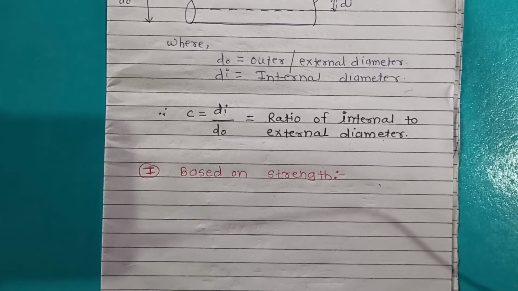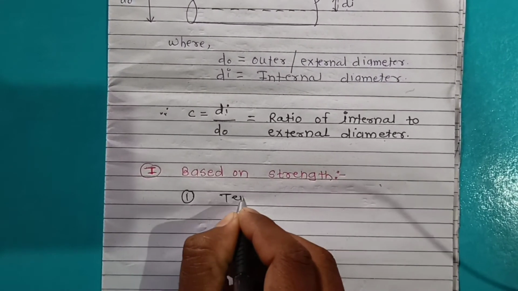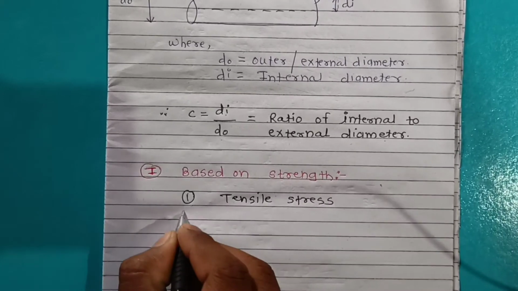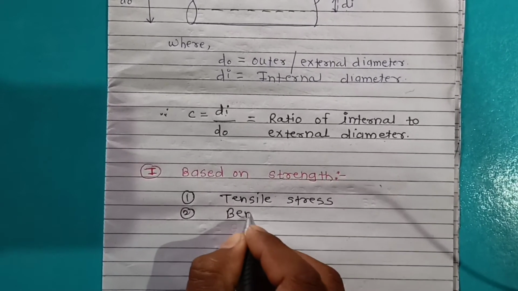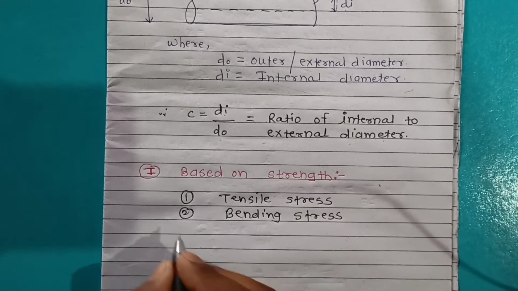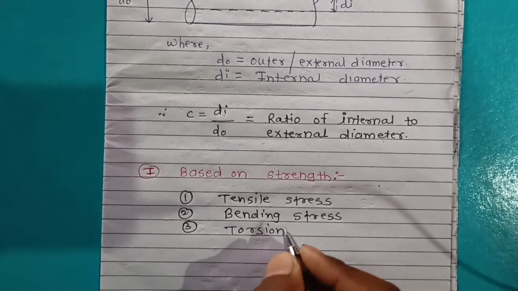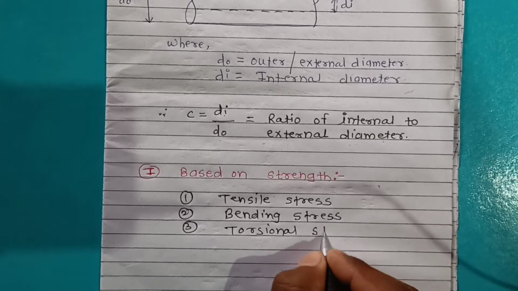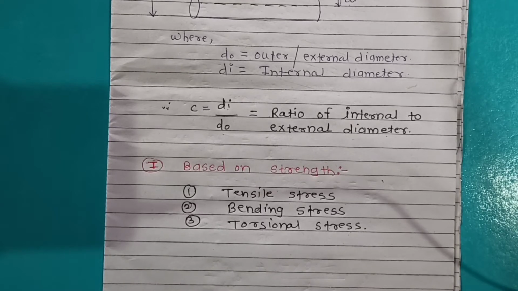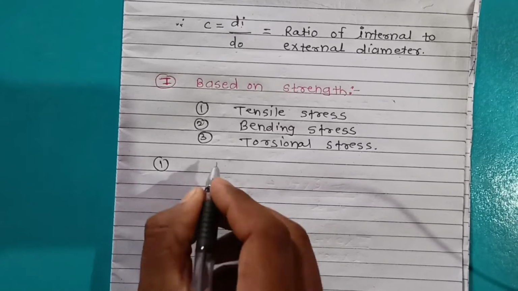First is based on tensile stress, second one is based on bending stress, and third one is based on torsional stress. Now first we will see the design procedure based on tensile stress.